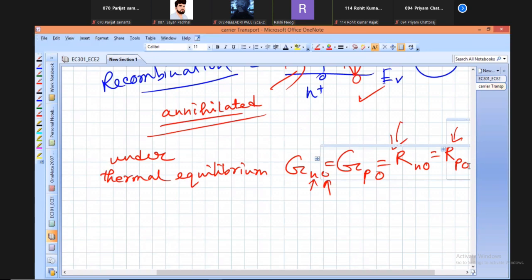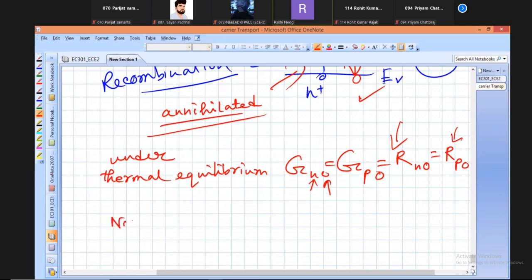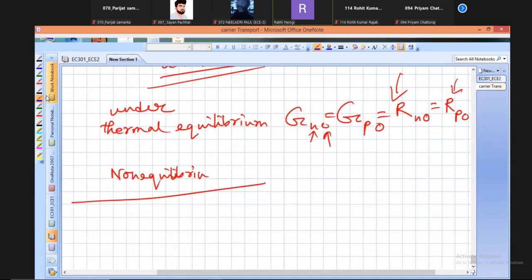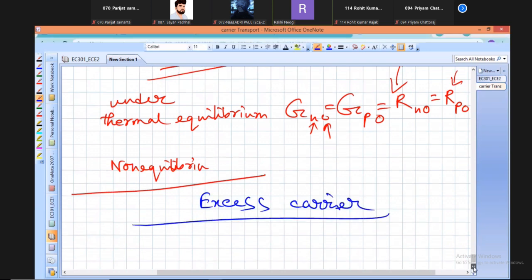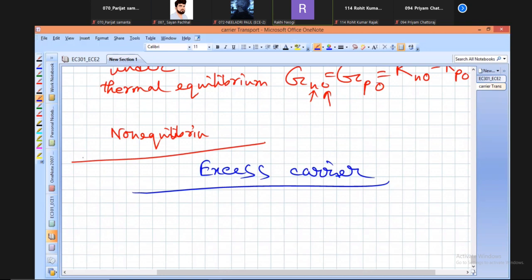Now, whenever I consider a semiconductor in non-equilibrium, that means some excess carriers are there. Those excess carriers are important because based on them the device properties will be decided. So whenever excess carriers are present, the semiconductor is no longer in equilibrium.